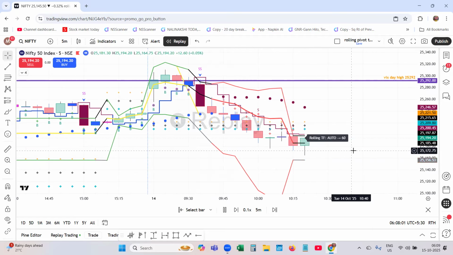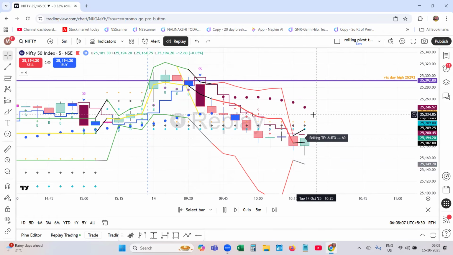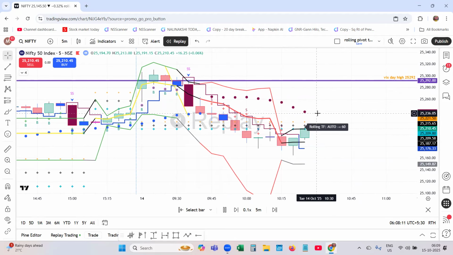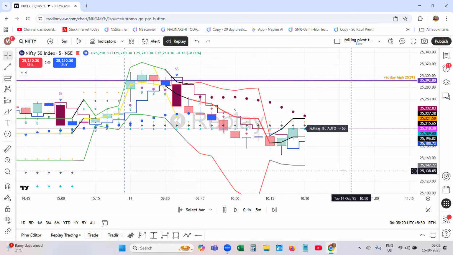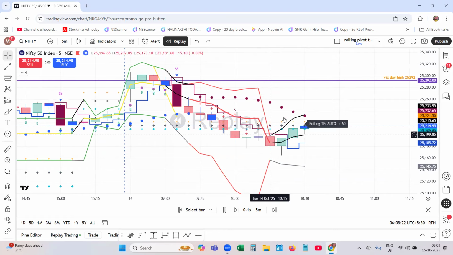Even though the shorter period turns blue, if the longer period is not changing the color, then you must understand this is a pullback. See, now it is a pullback, and the rolling pivot is turning neutral. From the sell side, it has turned to neutral.